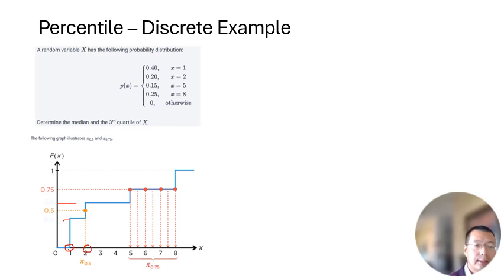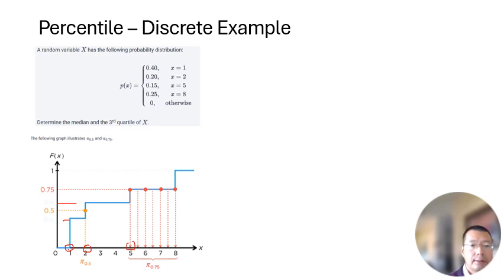So when we look at that, then 0.5 is in between. Which means the median is 2, because this is where the 0.5, or 50%, is met. Then when it gets to x equal 5, you see the probability is increasing to 0.75.